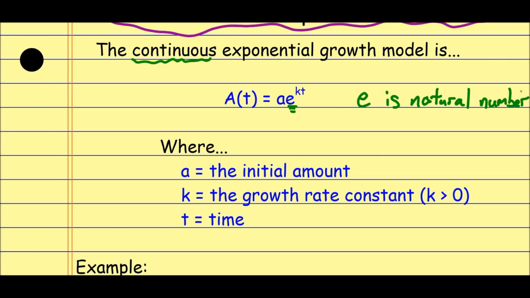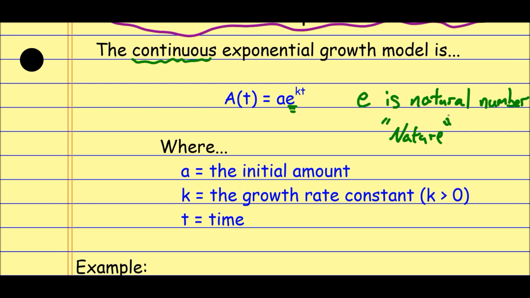And I point that out to remind you that if you see the natural number, I want you to start thinking about nature. Because most of the examples that we're going to run into that involve nature, like population growth, like chemical compounds, like radioactive isotopes, chemistry type examples, things that occur in nature will be continuous exponential growth. They'll use the one that has the natural number.